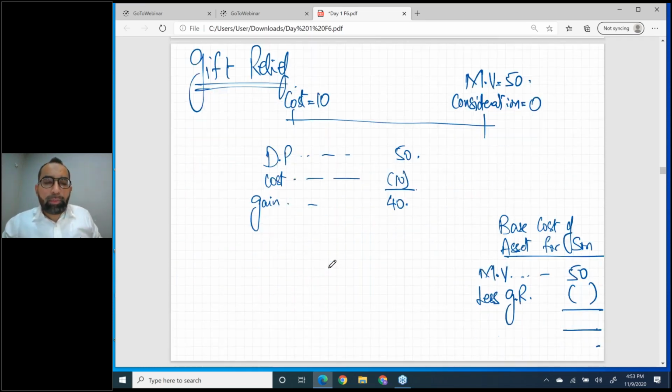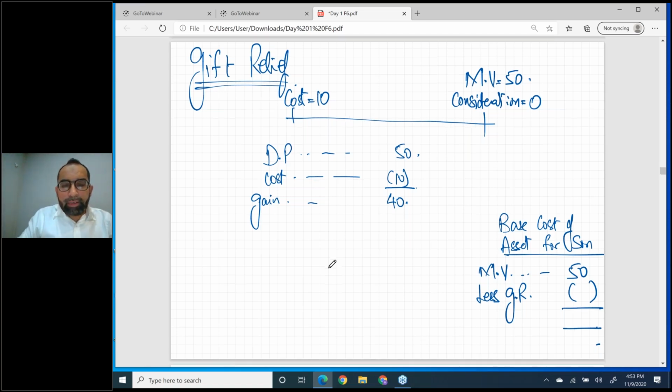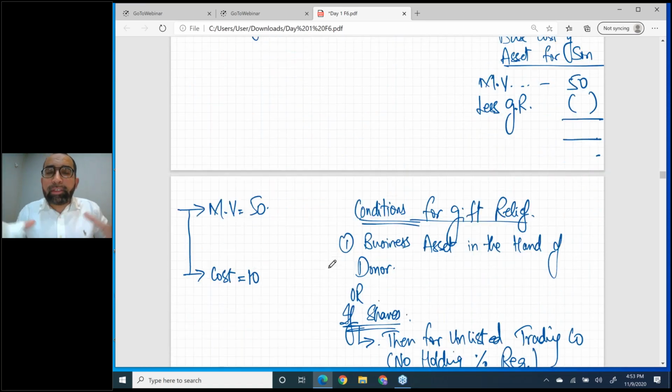Now, there is one more business relief which is called gift relief. Look here. For example, connected persons are family members: father, son, father, daughter, mother, daughter. These are all connected persons. And we have seen in our life that when there is a transaction between connected persons, people give their chargeable asset free of cost.